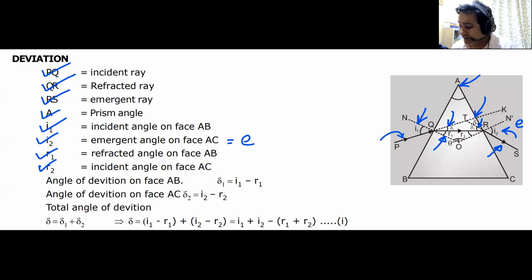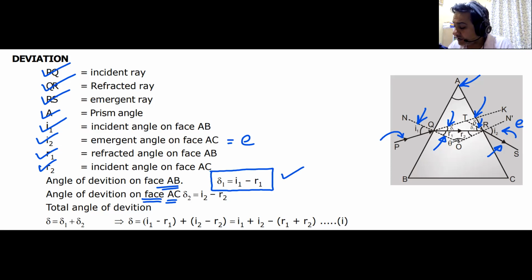R2 is the incident angle on the face AC. The angle of deviation on the face AB is delta 1, and it is given by this formula I1 minus R1. Do you see this, everyone in the class? Yes, sir. Deviation angle delta 1 is I1 minus R1.